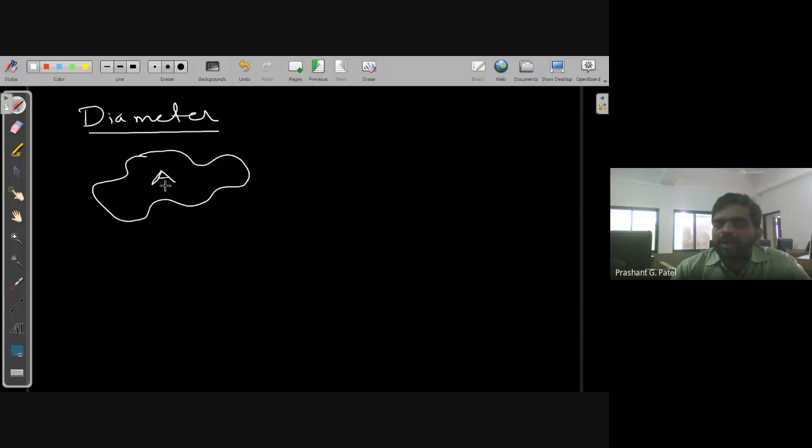Can we define a diameter of that set? In general, if any arbitrary set is given, can we define a diameter of that set? The question is, what will be the idea? How can we define it? I'm giving you a hint: look at the diameter of a circle or a sphere. How are you defining the diameter of a sphere or a circle?